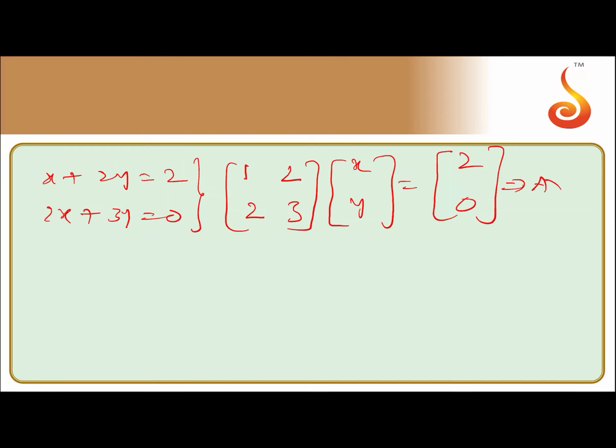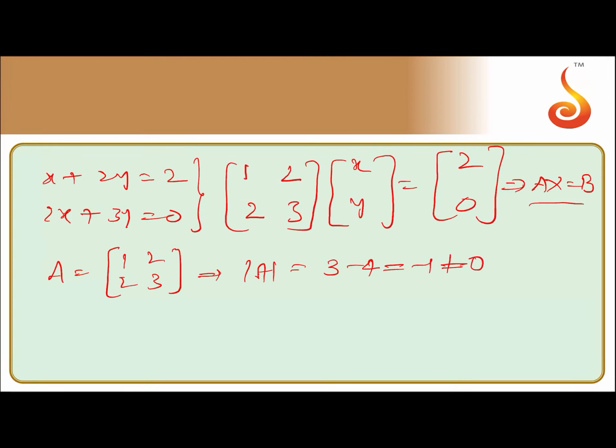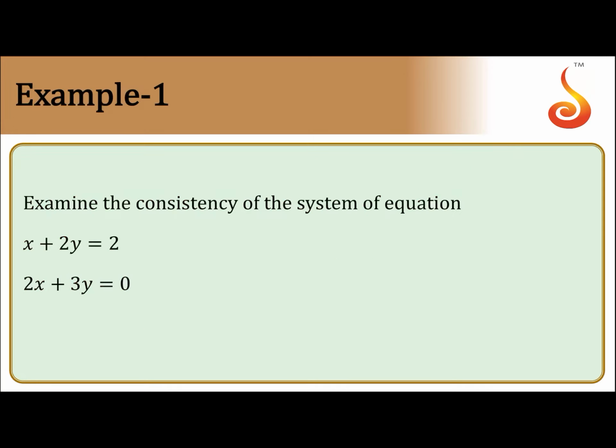This is nothing but the form Ax equals b, which is a system of two equations in two unknowns, where the A matrix is 1, 2, 2, 3, whose determinant of A equals 3 minus 4, which equals minus 1, which is not 0. So as the determinant of A is not equal to 0, the system is consistent. It has a unique solution. So the answer is the system is consistent and it has a unique solution.